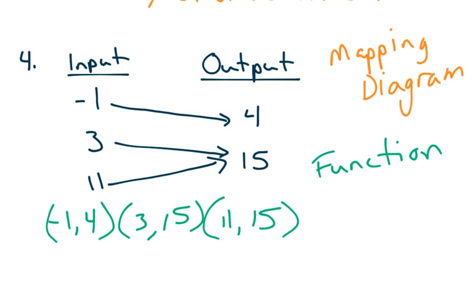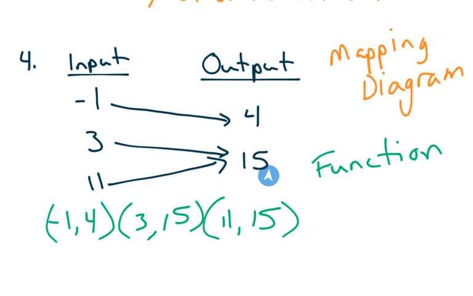Mapping diagrams, I think, are the easiest to see whether or not it is a function. As long as there's only one arrow coming from each input, it is going to be a function. Now, let's say I had done this, where now I have a second arrow coming from an input. This would make it not a function because we would have -1, 4 and -1, 15. We have an input repeating. They can all go to the same output.